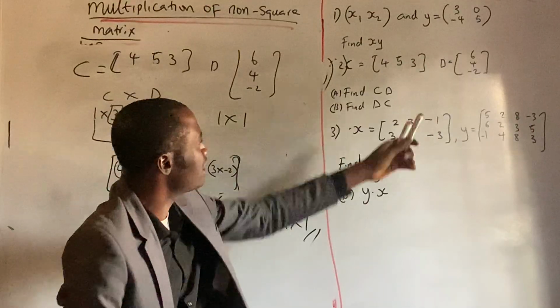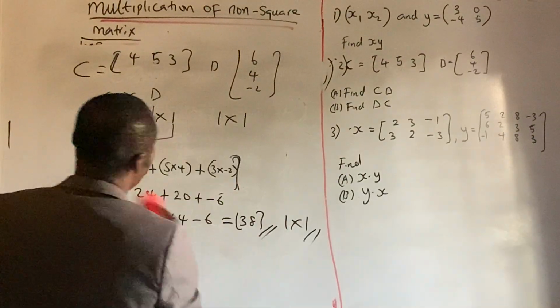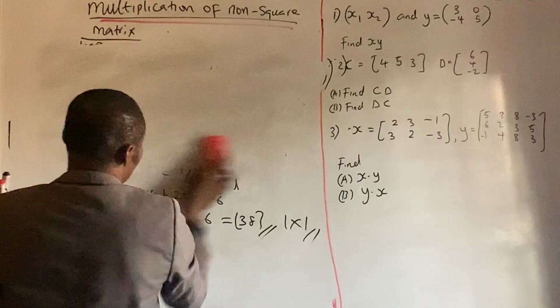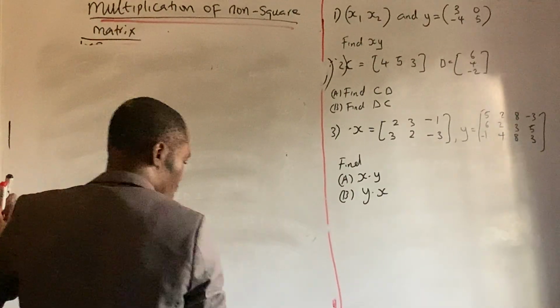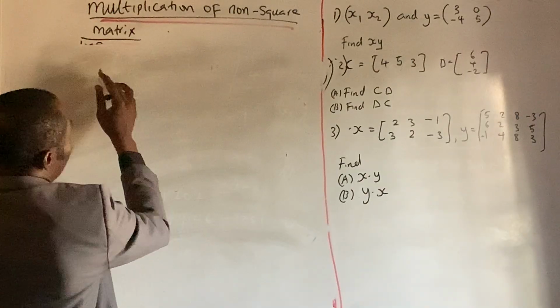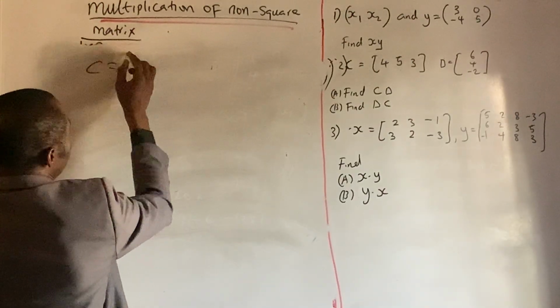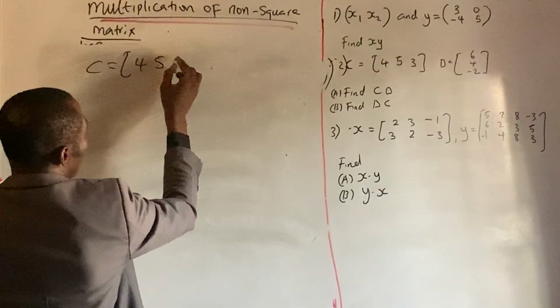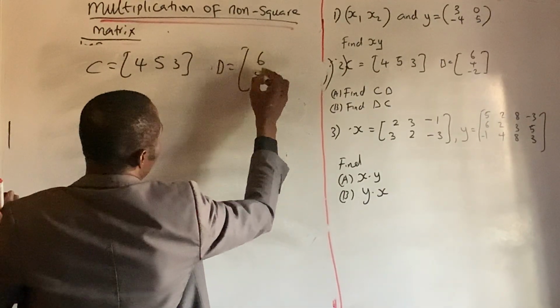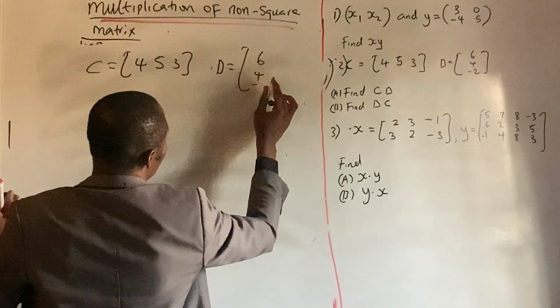The next one says D times C. Right, let's see whether that is possible. D times C, how possible is that? I've cleaned it up. C is 4, 5, 3, and D is 6, 4, minus 2.